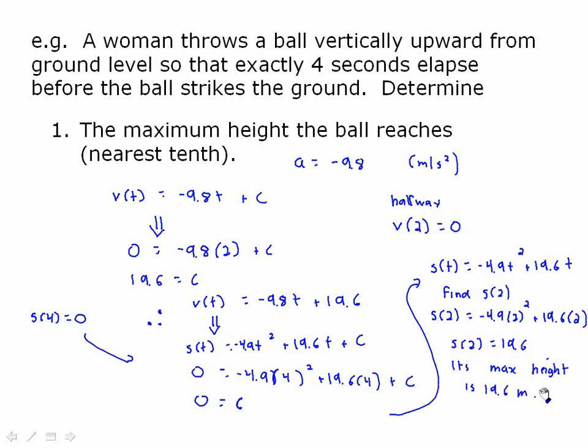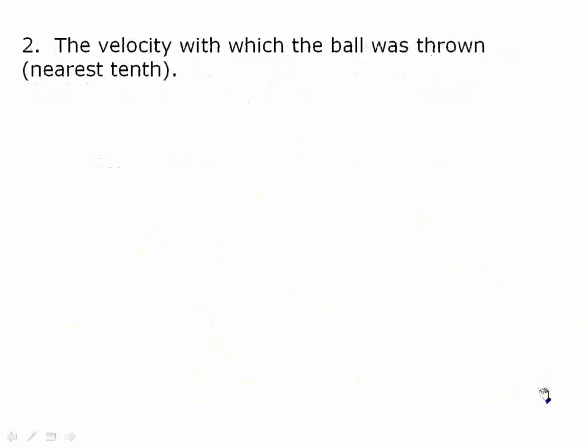Let's do part 2 of this question, which is the velocity with which the ball was thrown. Now, this one is a reasonable question, but it's not a difficult one. We want to find v at 0. So at time equal to 0, what is its speed? So you go back.